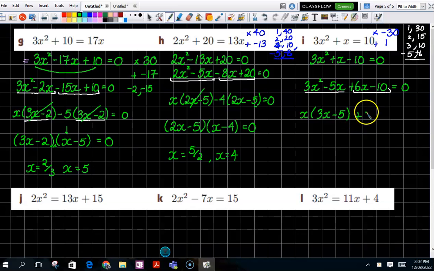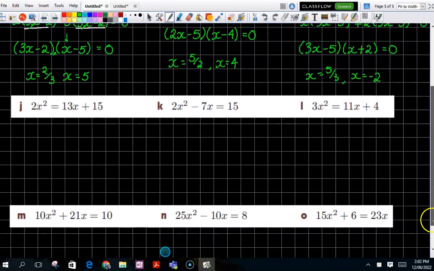What's our common factor here? 2. Lo and behold, 3x take 5. Pull out your common factor of 3x take 5, and we get x plus 2. Solving, x equals 5 over 3. x equals minus 2.